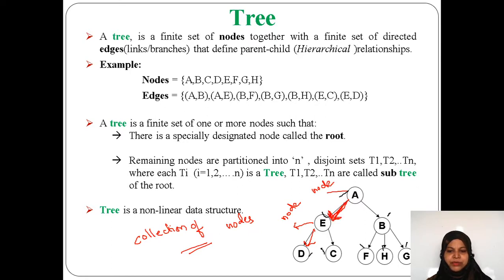A tree is a finite set of nodes together with a finite set of directed edges. See here, this is an edge, and this edge is a directed edge, having one direction.